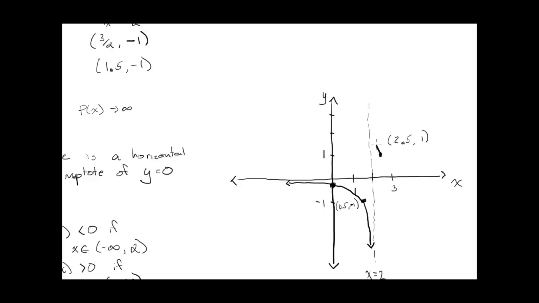It's going to approach the vertical asymptote, so it must go up towards the vertical asymptote, and then here I'm going to come down and approach the horizontal asymptote in this way. So that would be your reciprocal function, f at x equals 1 over 2x minus 4.